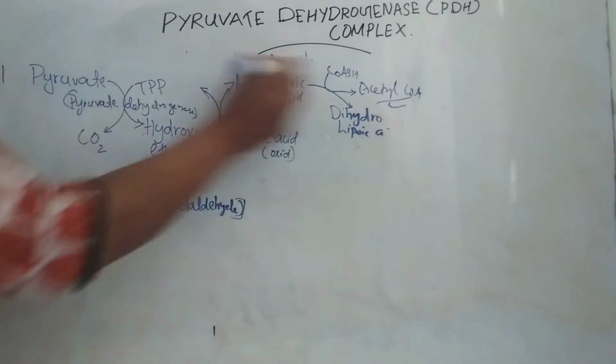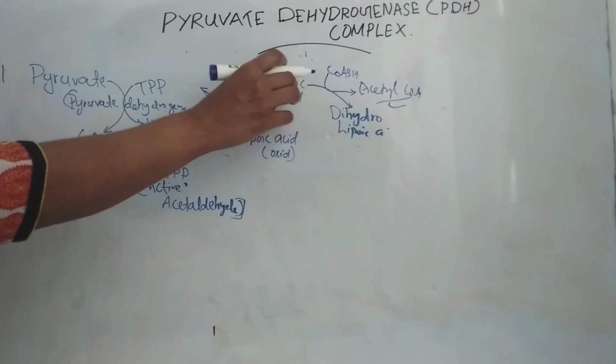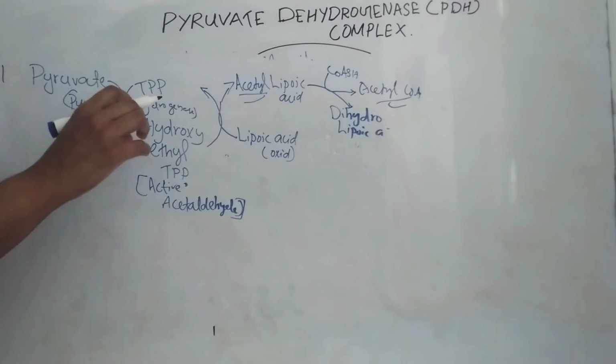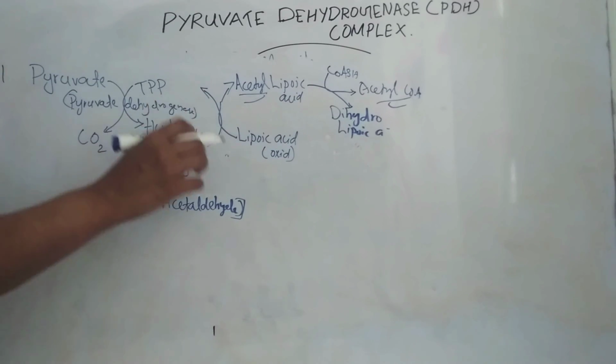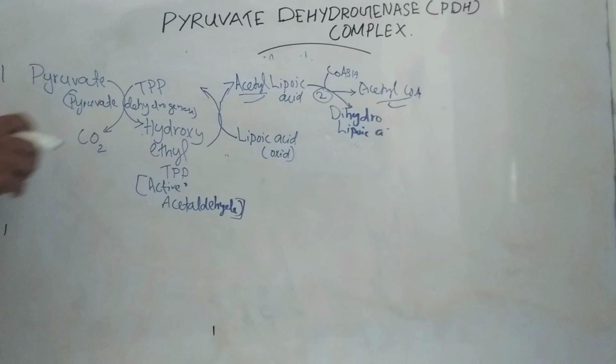That is the formation of acetyl CoA from pyruvate. So here comes the second enzyme, dihydrolipoyl transacetylase.